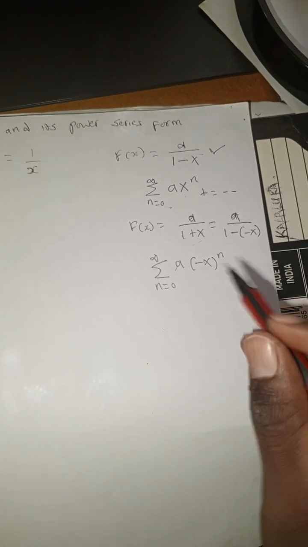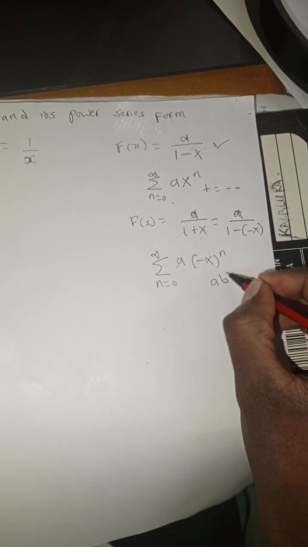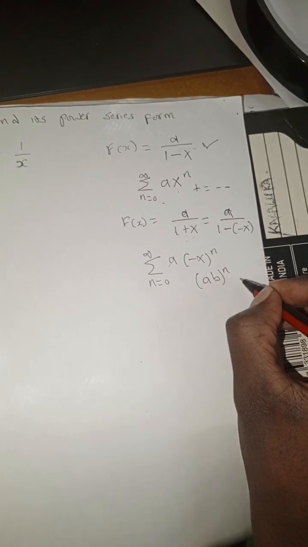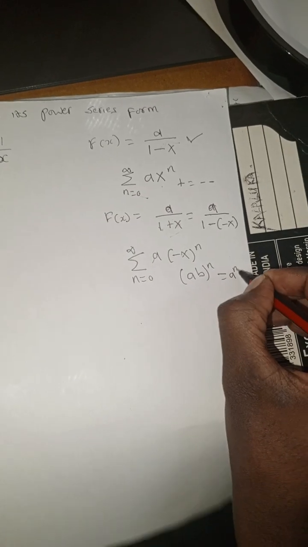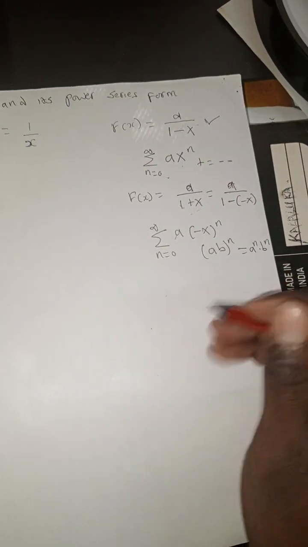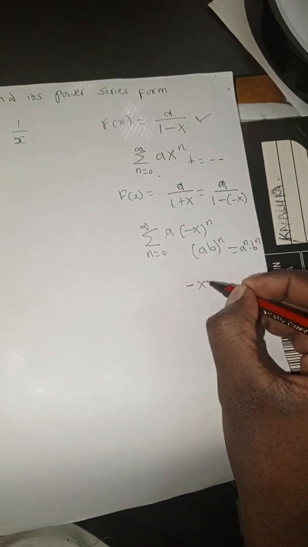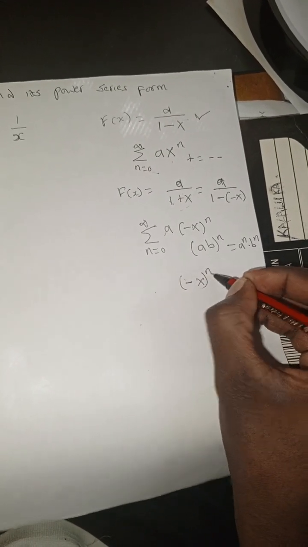Now with this fact, I want to show you another thing which you need to know. We all know that when there is a times b powered to n, it's the same as a to the power n multiplied by b to the power n. This is the same fact on how we are going to allocate the n here. We know that there is negative x to the power n.